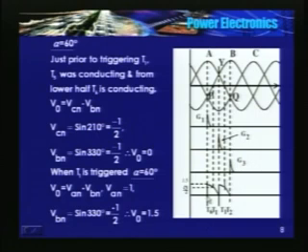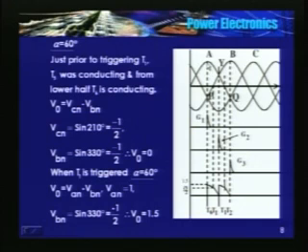So now it is touching 0, whereas in both the cases with alpha equal to 0 and alpha equal to 30 degrees, it did not touch the x axis. Now with alpha equal to 60 degrees, it is just touching the x axis. Now at point P, at this instant, you have triggered T1, so the output voltage becomes VAN minus VBN. What is VAN at this instant? Proportional to sine 90, it is 1.